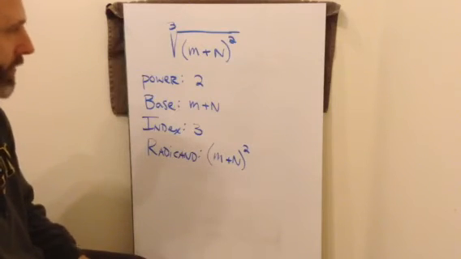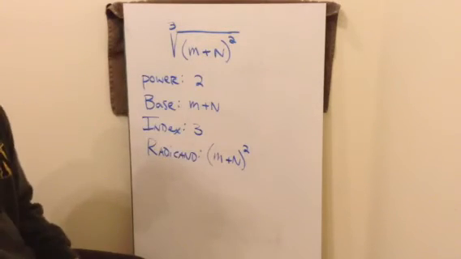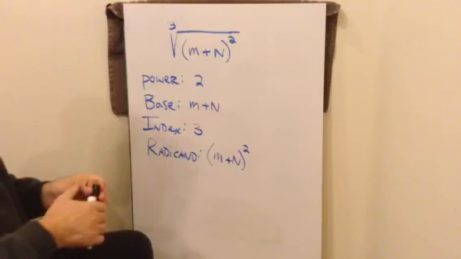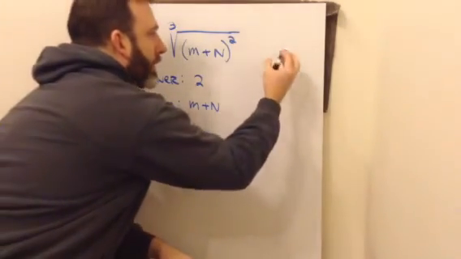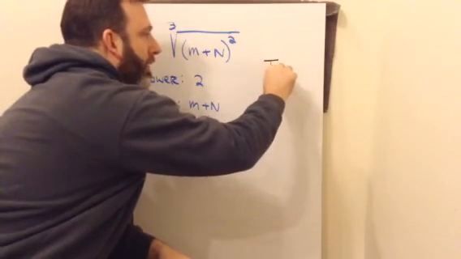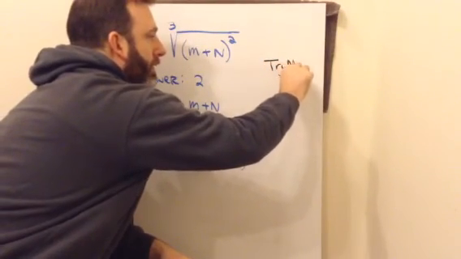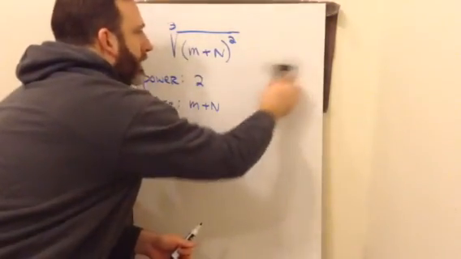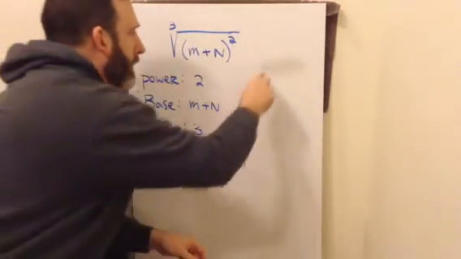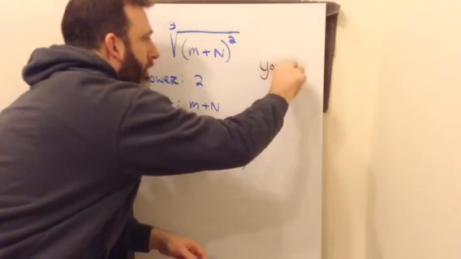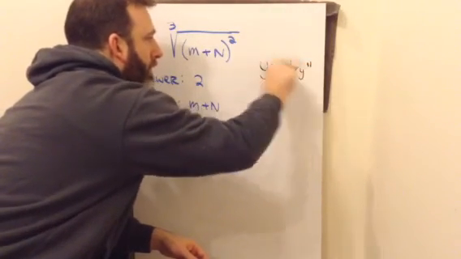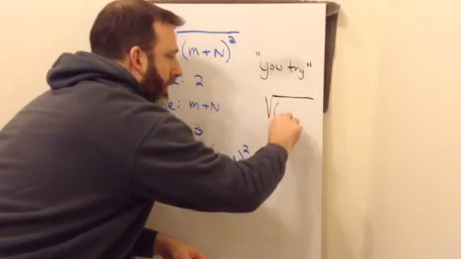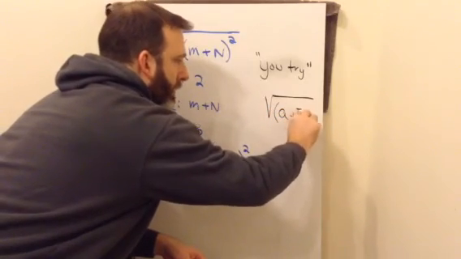Okay, so what I'm going to do is put another one over here, and this is going to be your try me. It'll be in the next video clip for the solution. Or, not try me, here's the you try. Okay, so here is your radical expression.